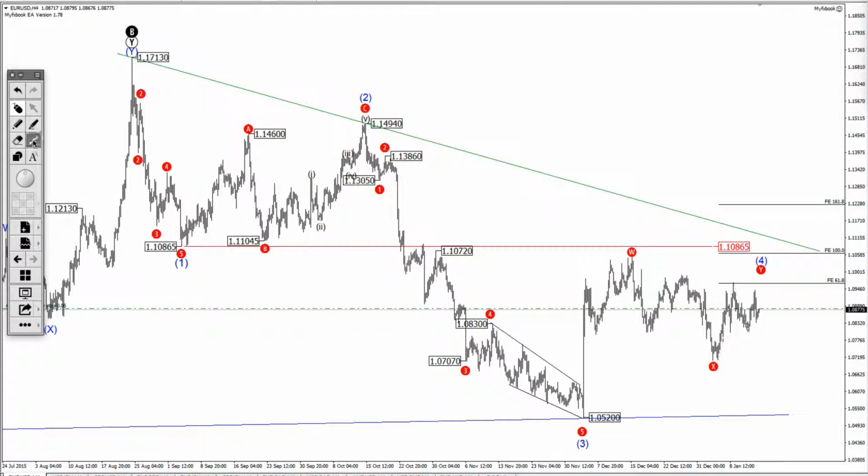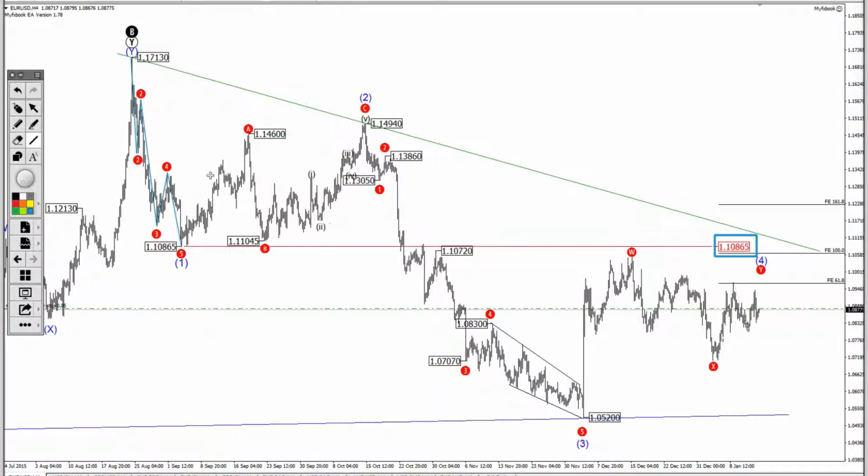If we draw the whole structure here, first we can see from the 117.130 high a quite strong 5-wave structure, an impulsive move, all the way down to this 110.865 level, which is this red line and the label right here. So this was the first clear signal that we have started the next phase in this trend.